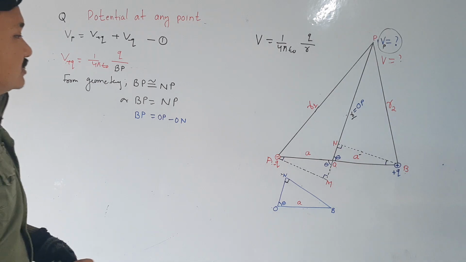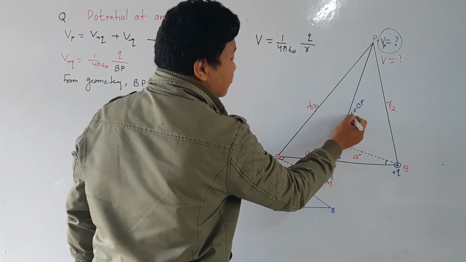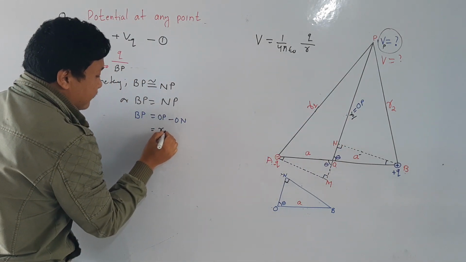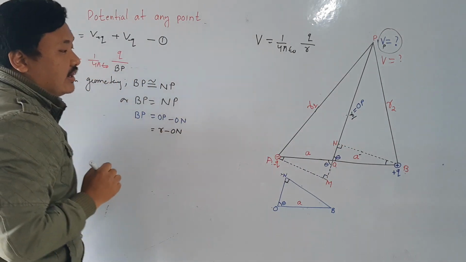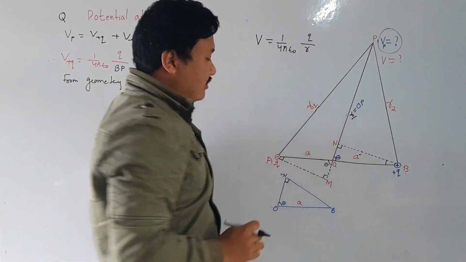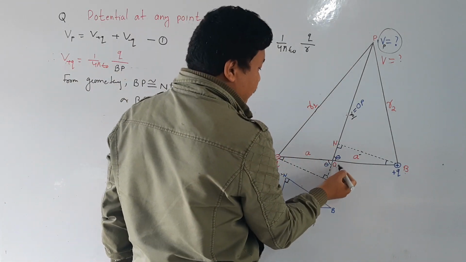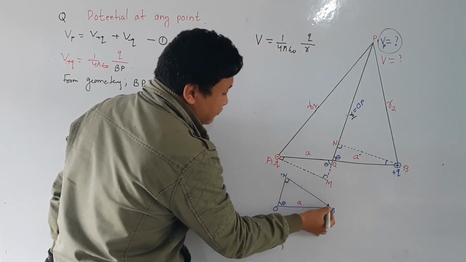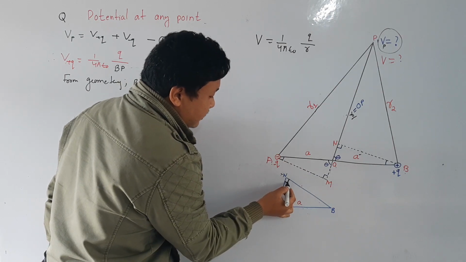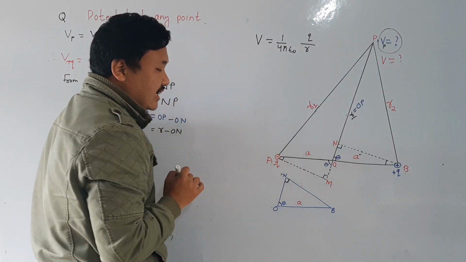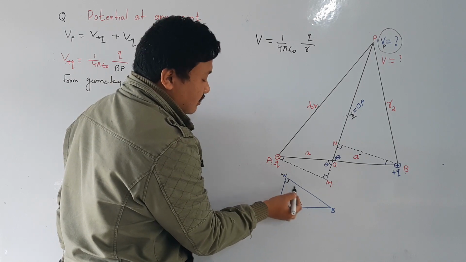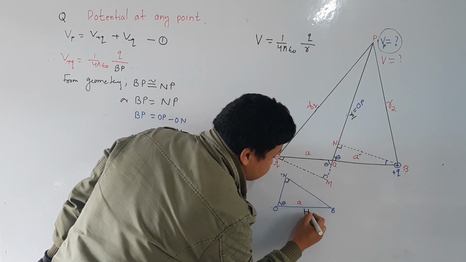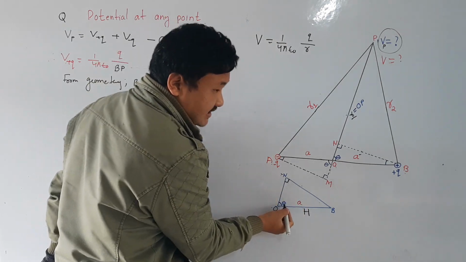Now how much is OP? OP is my r. So from O to P it is r. So this will be equal to r minus ON. Now let me find how much ON is from this triangle ONP, which is a right-angled triangle. So this is the perpendicular here and this is theta, and you know that the side opposite to the 90 degree angle is always the hypotenuse.